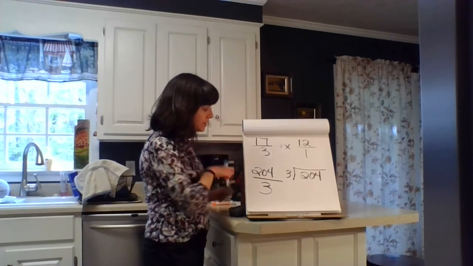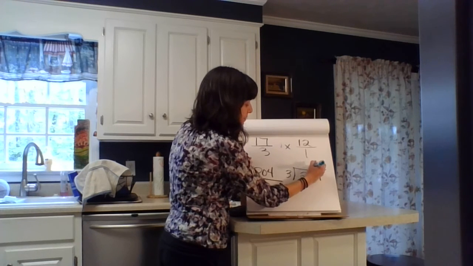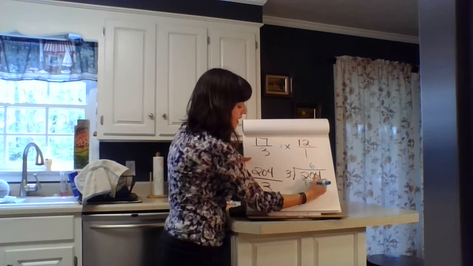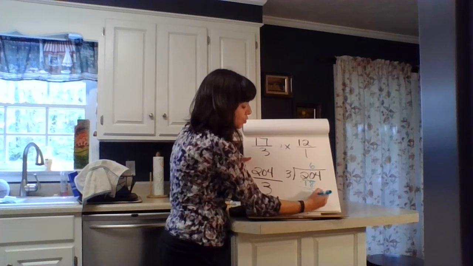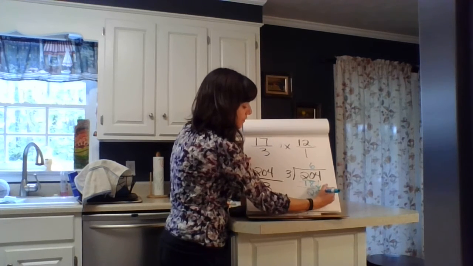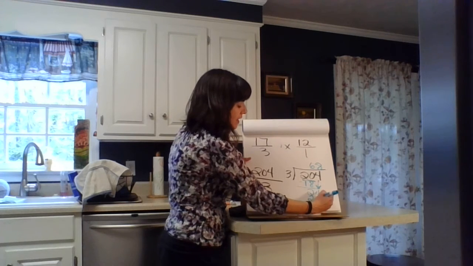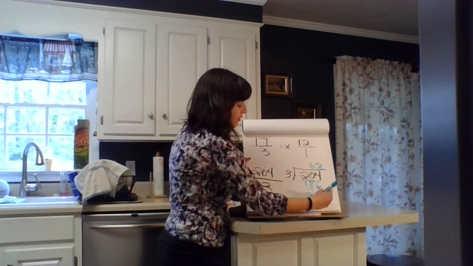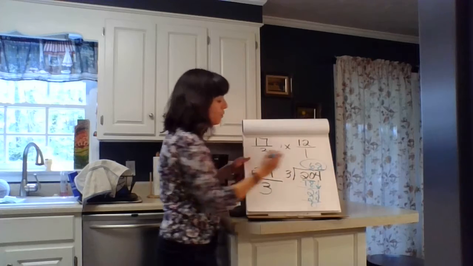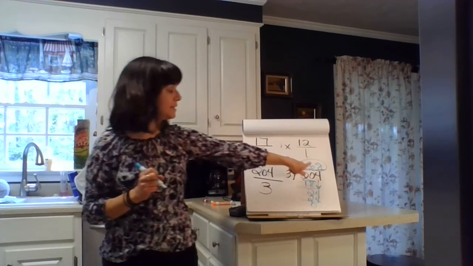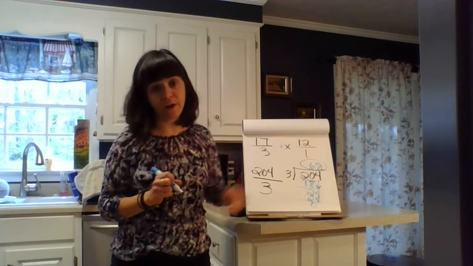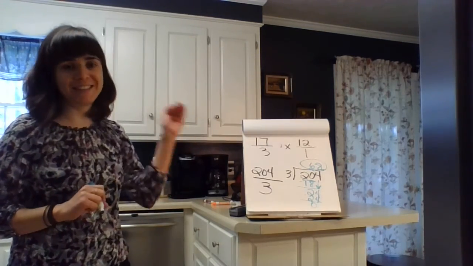Okay, so 3 goes into 20 6 times. 3 times 6 is 18. I subtract and get 2. Bring down the 4. 3 goes into 24 8 times, and 3 times 8 is 24. So your final answer is 68, and it was the area, so it's going to be 68 feet squared, or 68 feet to the second power.